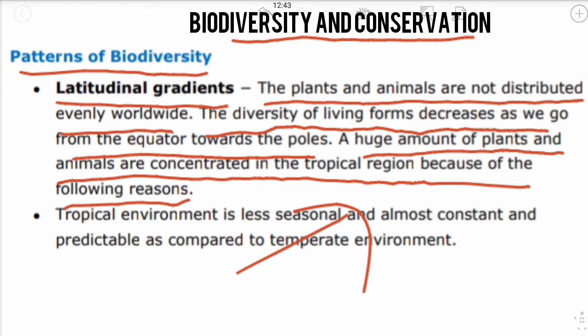It is really surprising to know, right? There is a huge amount of plants and animals concentrated in the tropical region as compared to the temperate environment. Let us find out the main reasons for this.